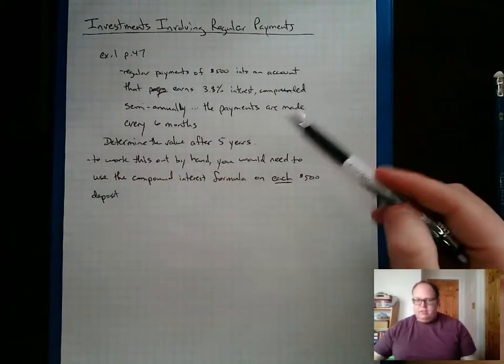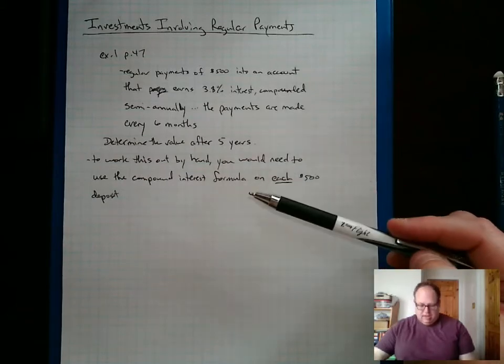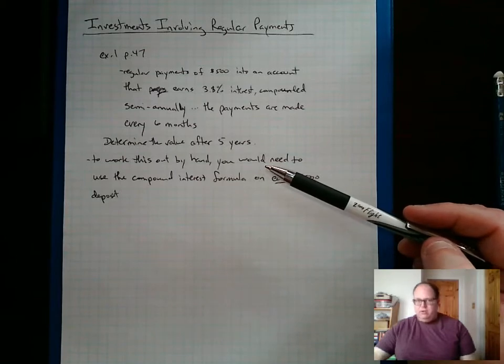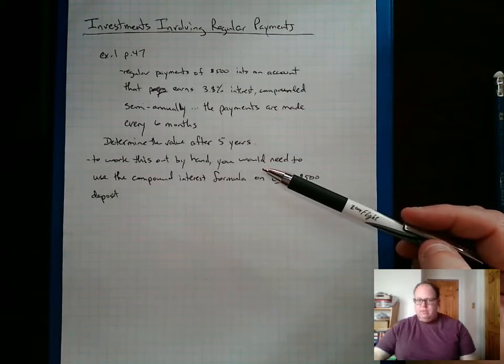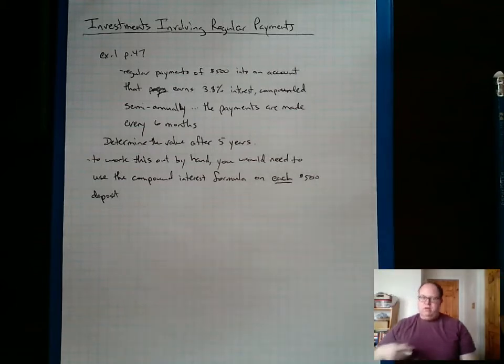Even for this simple situation, that would be 10 different compound interest equations that you'd need to run through. That's a lot more work than we want to do. So I'm going to show you how you can do this with the solver, basically using the regular payment option on there.